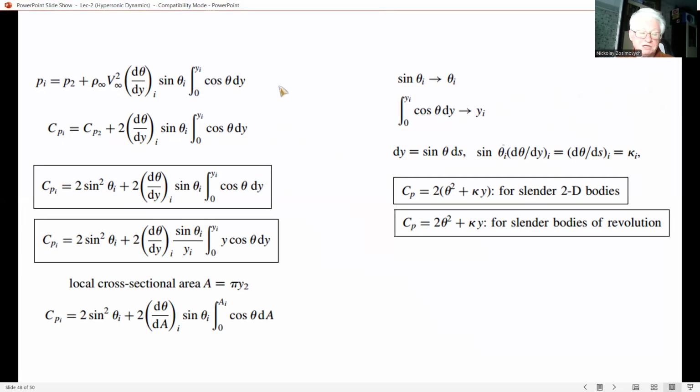Now, subtracting p infinity from both sides of this equation and dividing by q infinity, we obtain the pressure coefficient in this form.